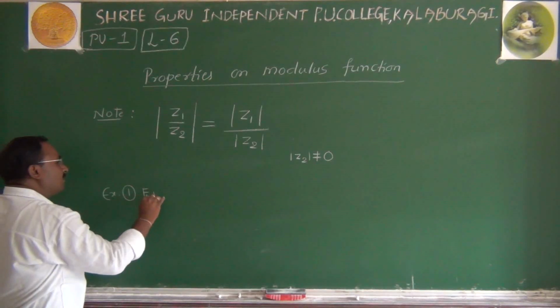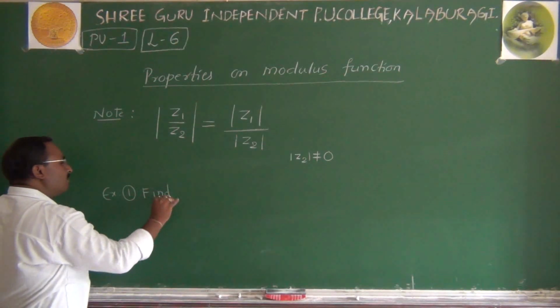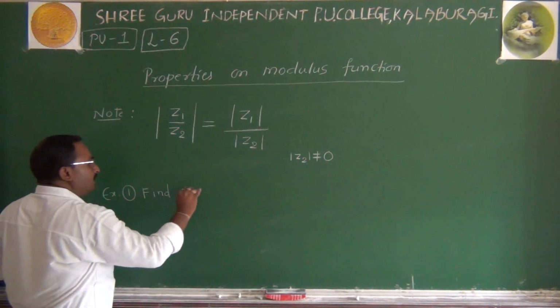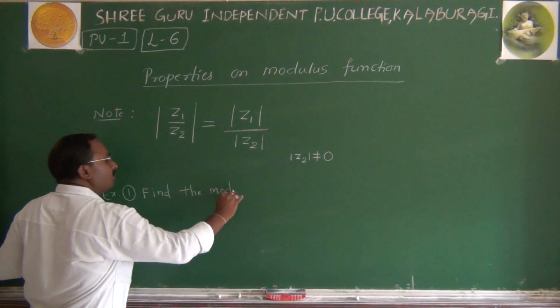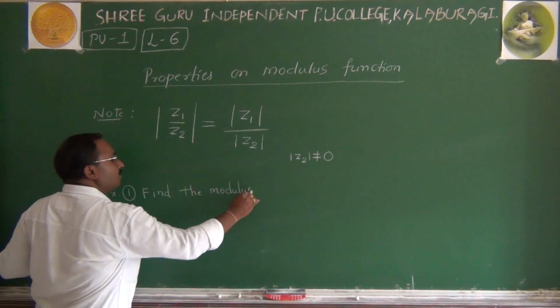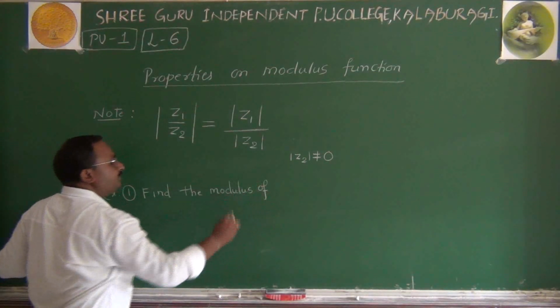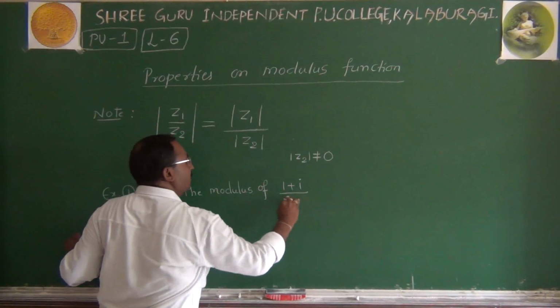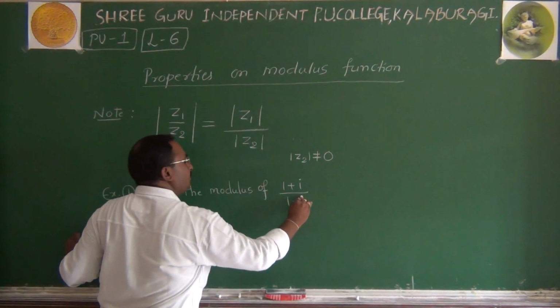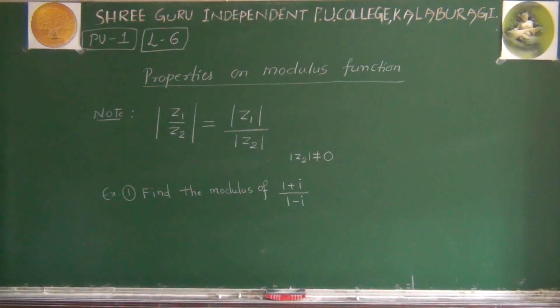Find the modulus of 1 plus I divided by 1 minus I.